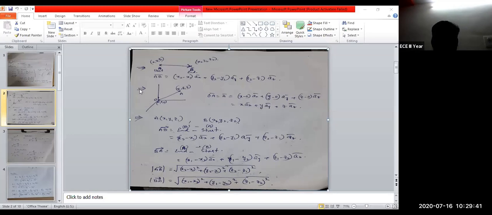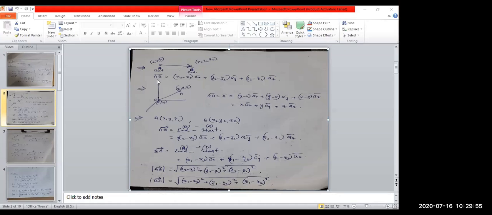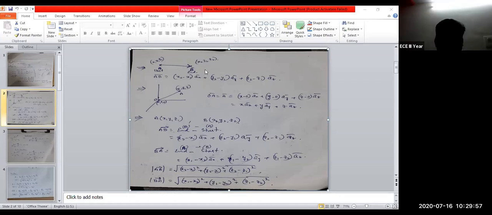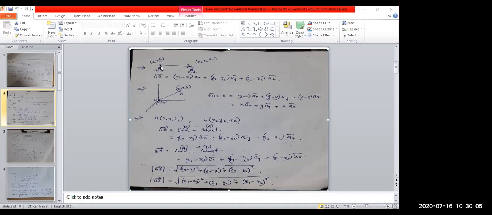For example, if anyone asks the question, sir, what about BA bar? In the first case, I wrote AB bar. If anyone asks about BA bar, then it is x1 minus x2. The letter B becomes the first, the starting point, and A becomes the end point.